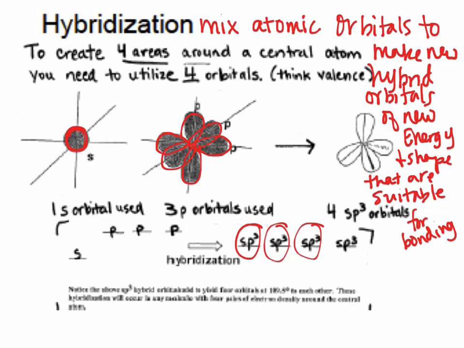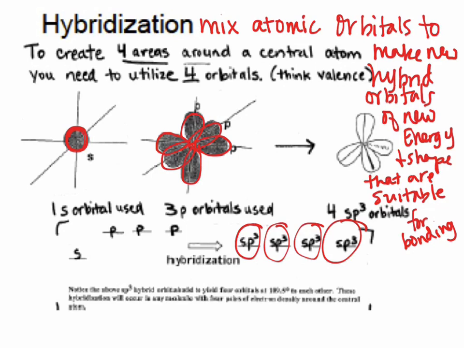Sorry, 4 s and p orbitals, sp3. You have the s orbital, that's 1, and the 3 p orbitals, that's a total of 4 orbitals, right?